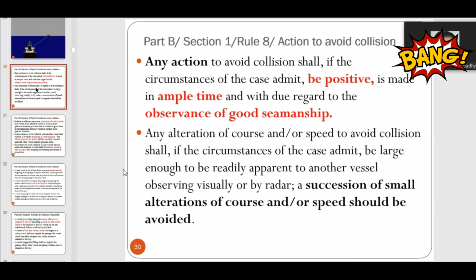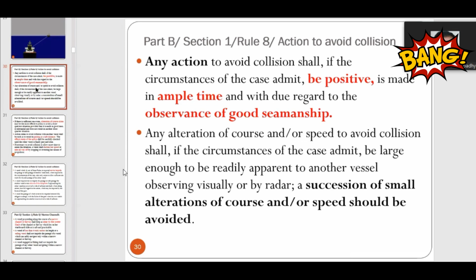But if you take such action which, instead of avoiding the risk of collision, leads to another close quarter situation or another risk of collision, that action cannot be considered positive. You should not take such action which will further result in another close quarter situation. That means this action to avoid collision is not effective, so it is not positive. That's the negative, so that is why I say it should be positive.